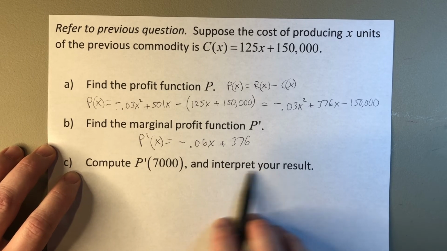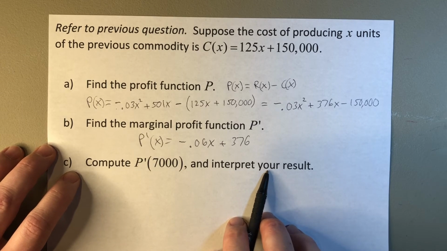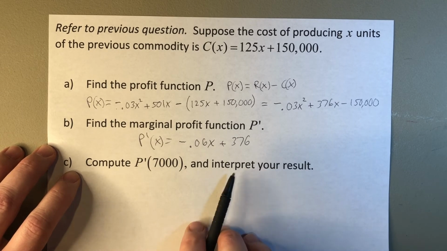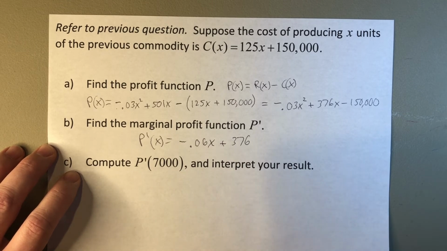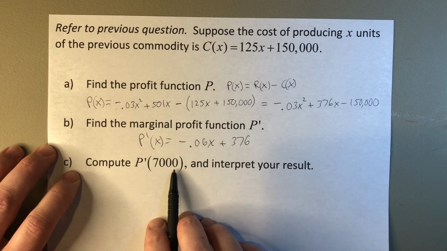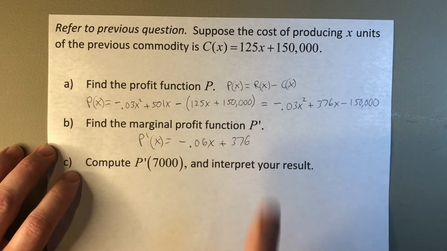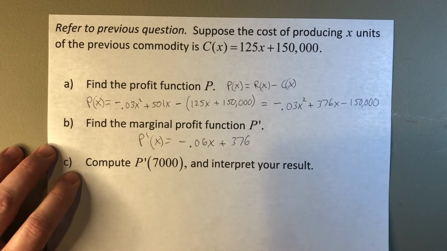We should already know what the interpretation is going to be. Okay, what is the interpretation? Well, you're going to get a number, and that number is going to be approximately the profit realized, okay, on the sale of the 7,001st unit. So one more additional unit. So you see derivative, you're just thinking one more than whatever this is.